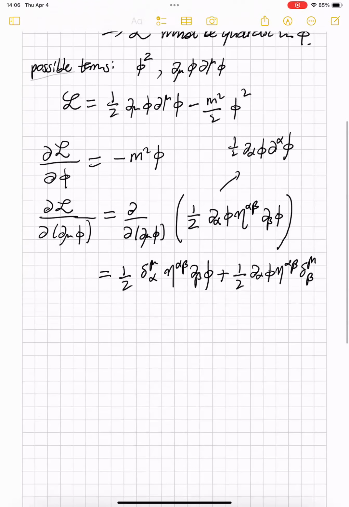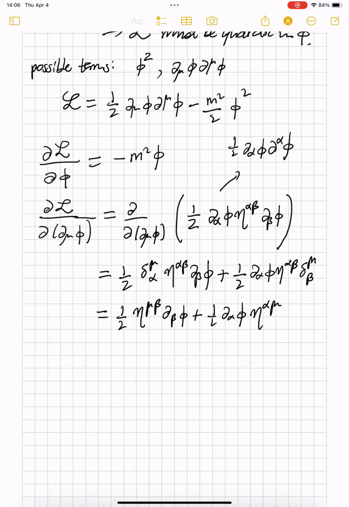And if I now work out what this is, well, I can do the sum over alpha. So I'll just get 1/2 eta mu beta d beta phi plus 1/2 d alpha phi eta alpha mu. So in the first term, I did the sum over alpha.